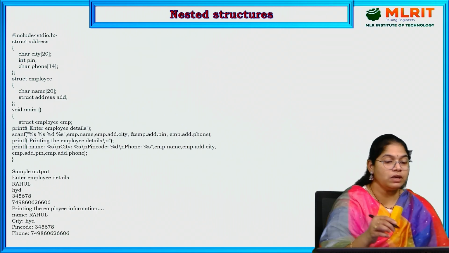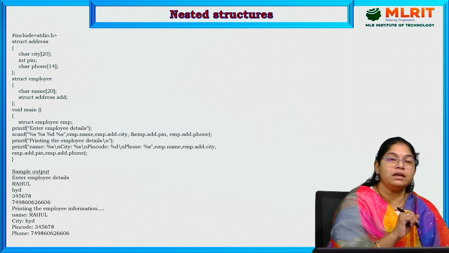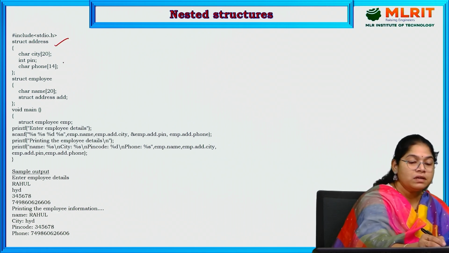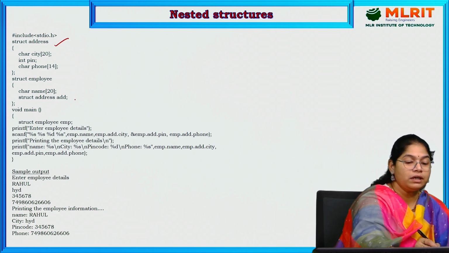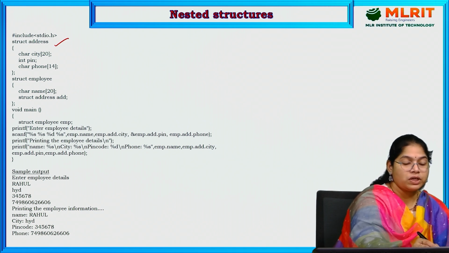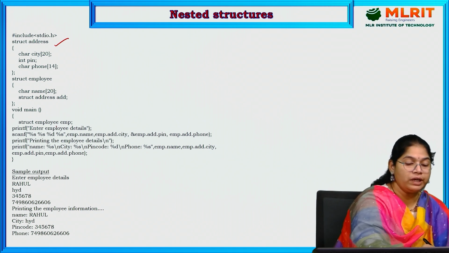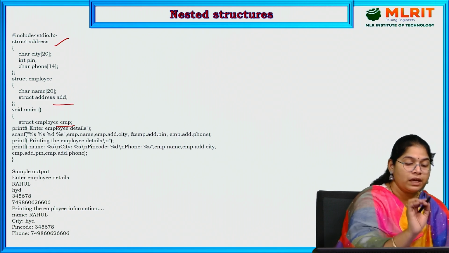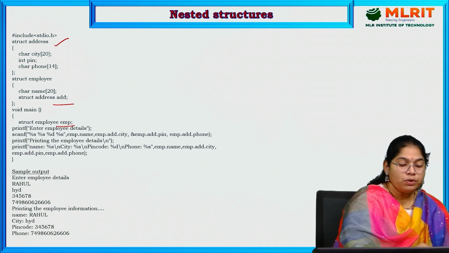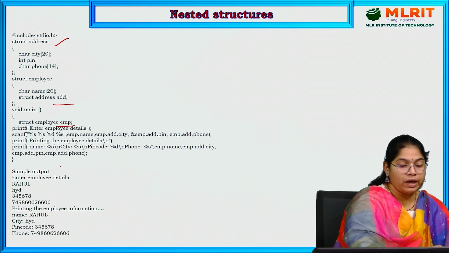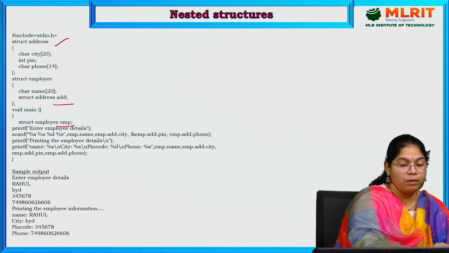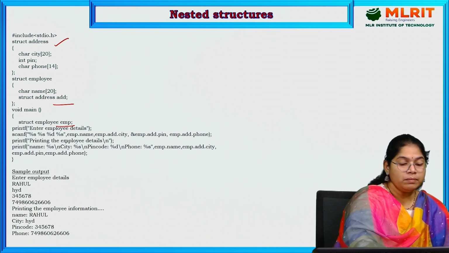Let us consider one more example. Here I consider struct address as the outer structure and employee as the inner structure. The structure variables created for employee is emp and for address is add. So to access the name of the employee, we can simply write emp dot name.